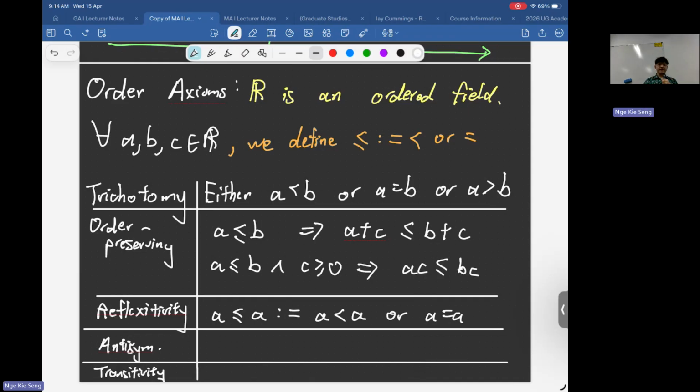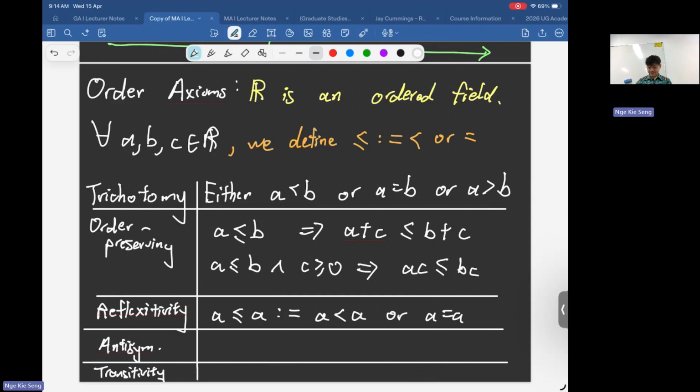Okay, how about anti-symmetric? Can you recall what is anti-symmetric? Symmetry is what? A less than or equal to B, B less than or equal to A, then A equals B. Wait, no. A less than or equal to B and B less than or equal to A, this is symmetric.